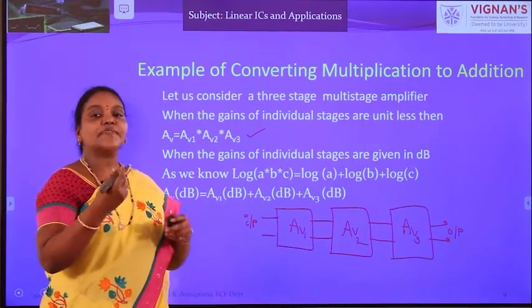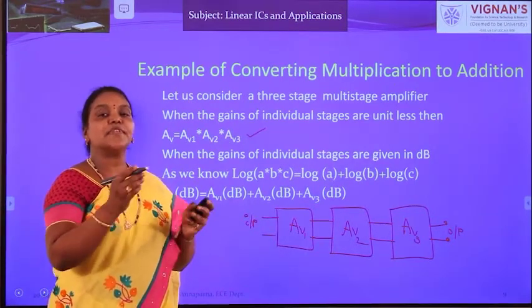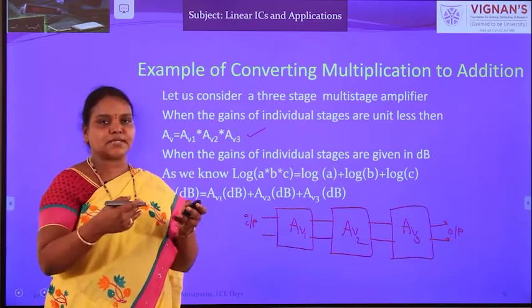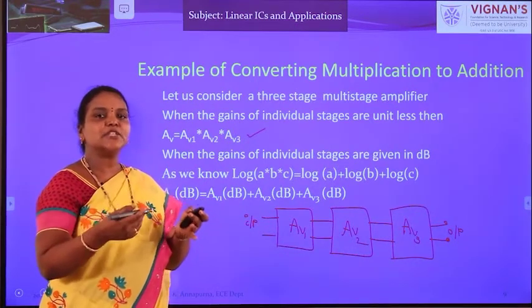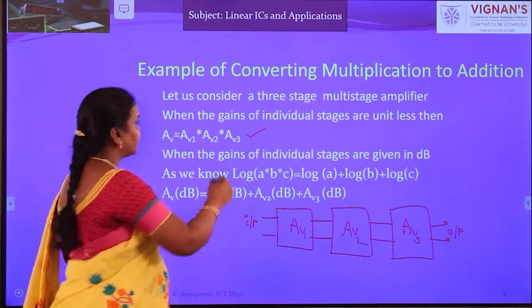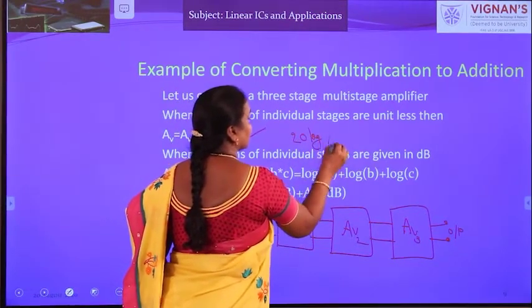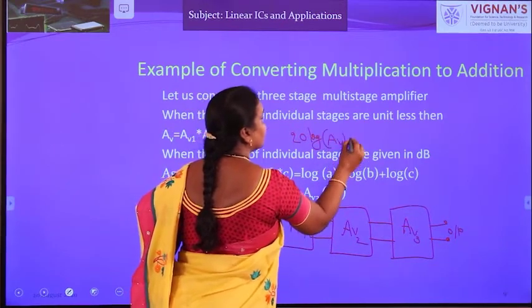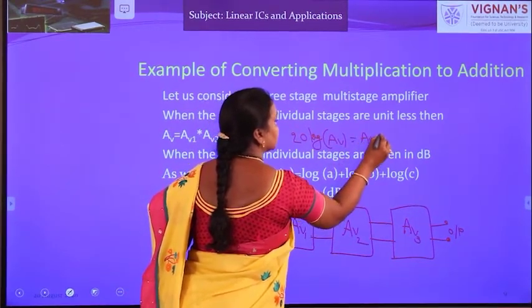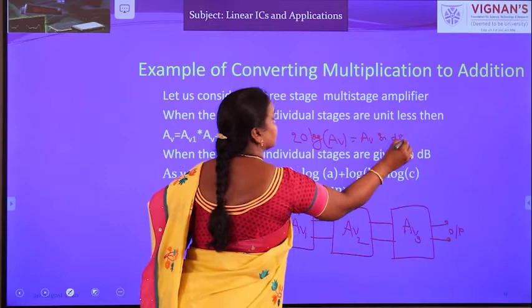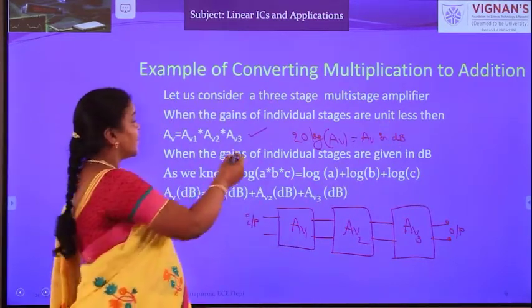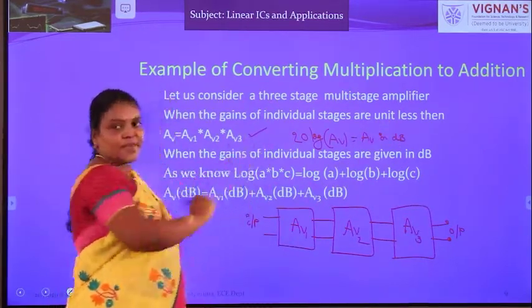Now instead of just ratio gains, if they have given the gains in decibels. Gains in decibels means how did we get into decibels? 20 log of the normal gain becomes gain in decibels. That is, we are converting into logarithmic values.